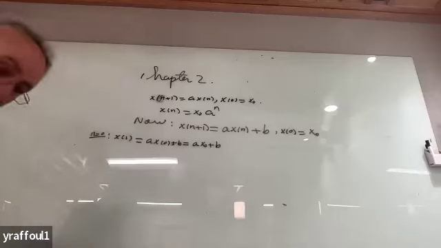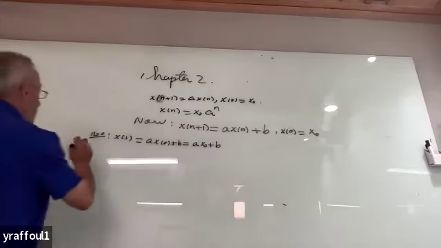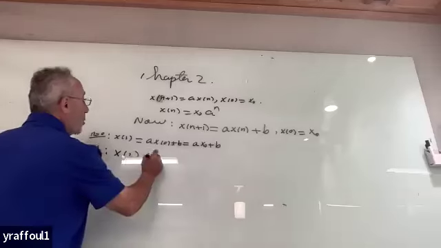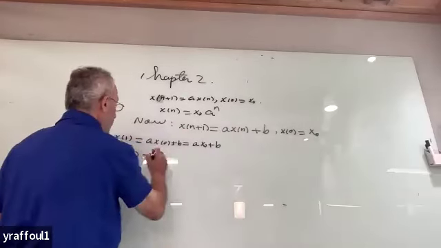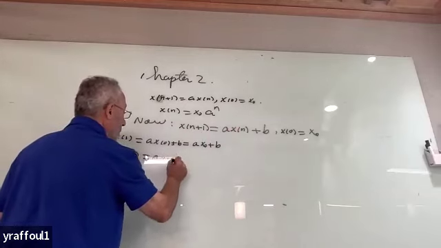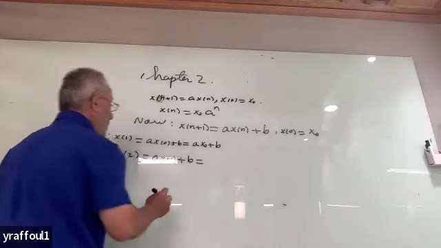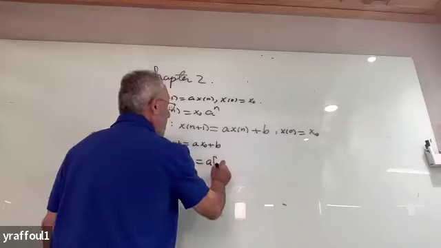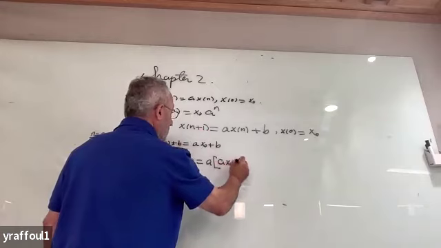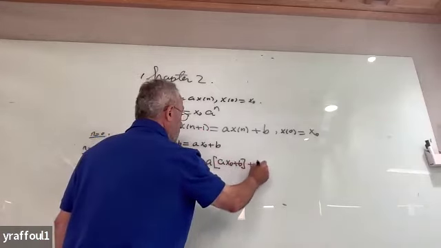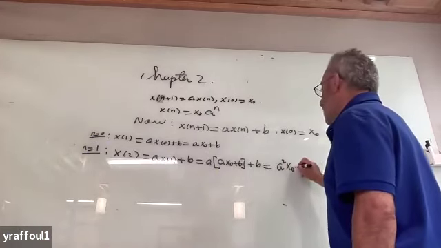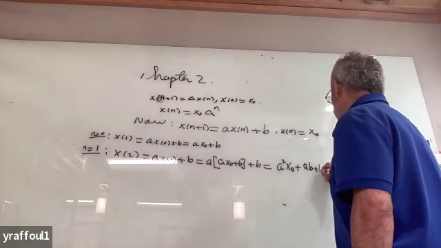All right, I just had to go and get a drink of water. I'm back. For n equal 1, x2 equals a x1 plus b. x1 is a x naught plus b, so that is a squared x naught plus ab plus b.